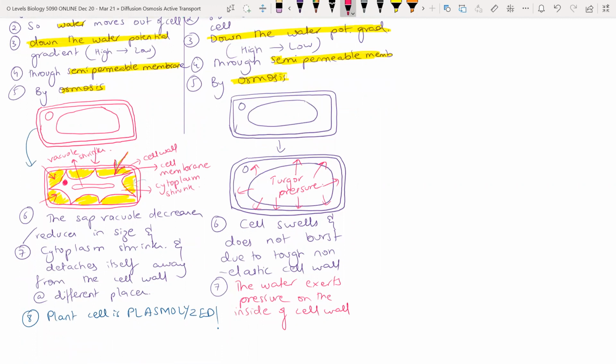Okay. And this pressure is called turgor pressure. And because of the turgor pressure, we say that the cell becomes turgid.